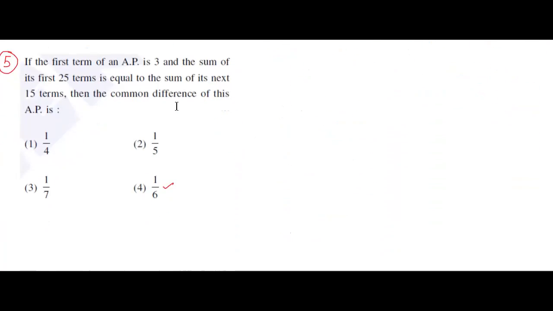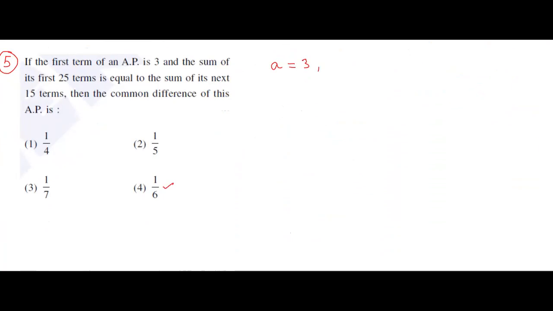See the next question, the fifth one. If the first term of an AP is 3, AP means the first term A is 3. The sum of the first 25 terms is equal to the sum of its next 15 terms.